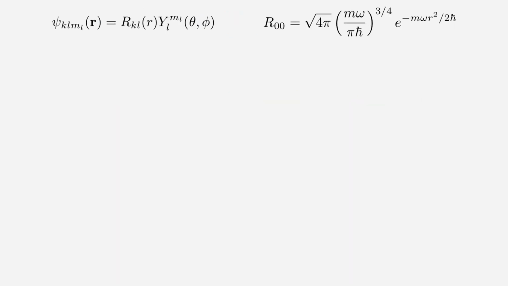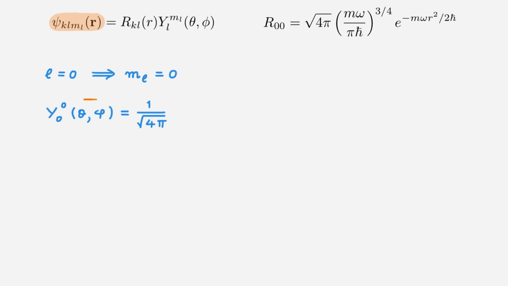Finally, the full eigenfunction is given by the product of the radial function and the corresponding spherical harmonic, as shown up here. In our case, as l equals 0, then m_l only has one possible value, which is also 0. Using the results from the video on spherical harmonics, Y00 is equal to 1 over the square root of 4 pi.